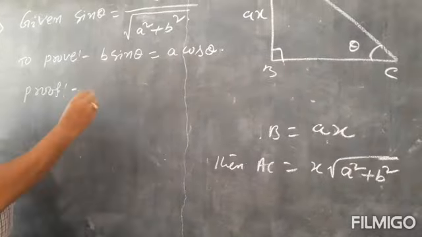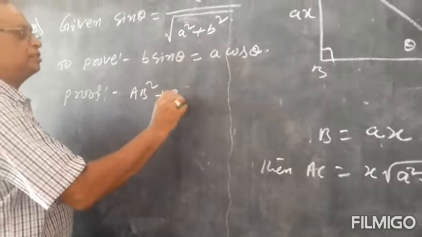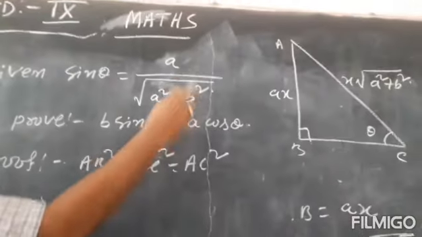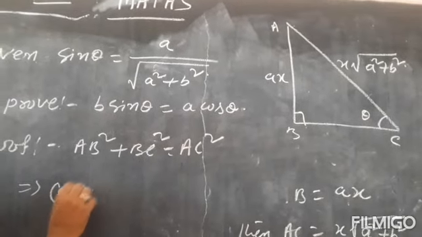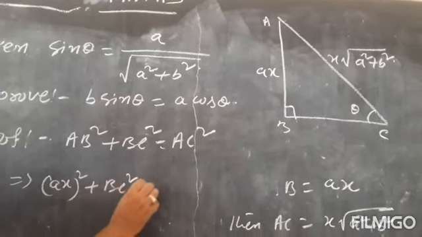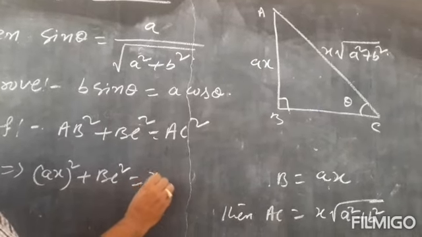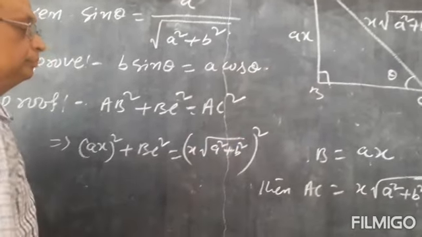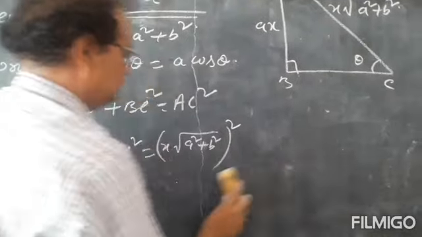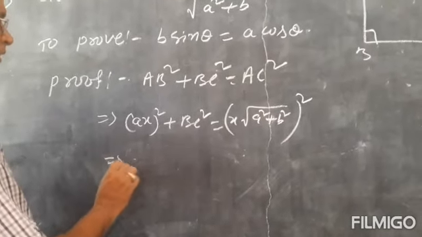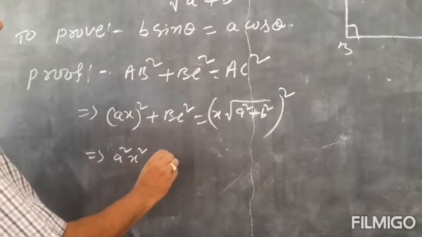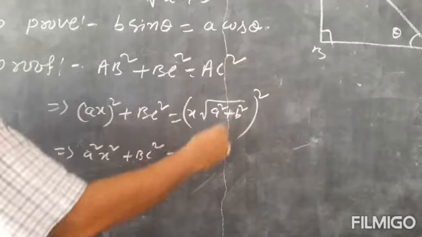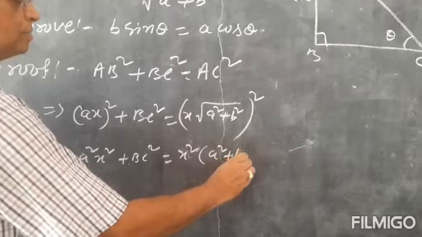So AB square plus BC square is equal to AC square. This is Pythagoras theorem. Now this implies AB is what? AX. So AX whole square plus BC, we do not know, we are going to find out, and AC is X root over A square plus B square, whole square. Now this implies A square X square plus BC square is equal to X square, and this root square will cancel, so into A square plus B square.